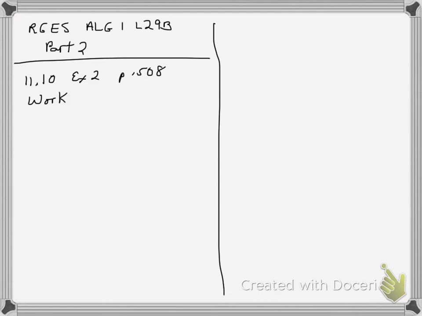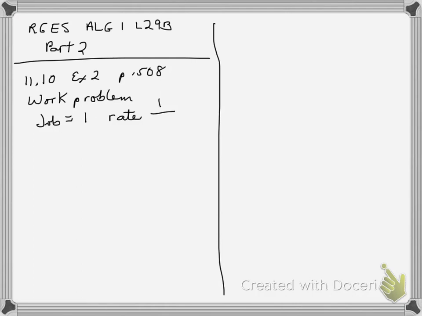A work problem, the big thing to remember is that the entire job is going to equal the total. And so we're going to talk about portions of a job and the total. So the job or the work is 1. The rate will be 1 over the number of hours it takes to do it individually.